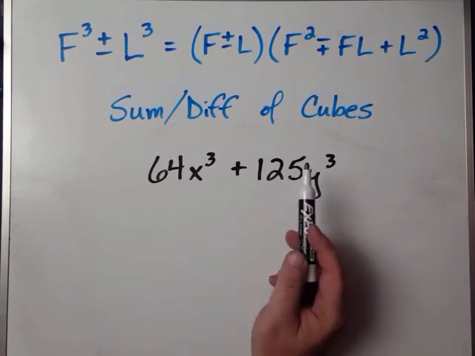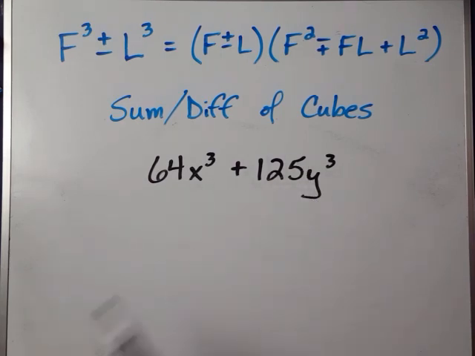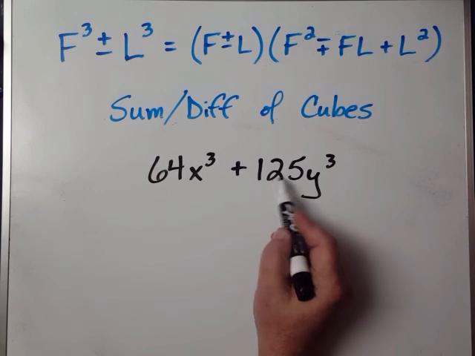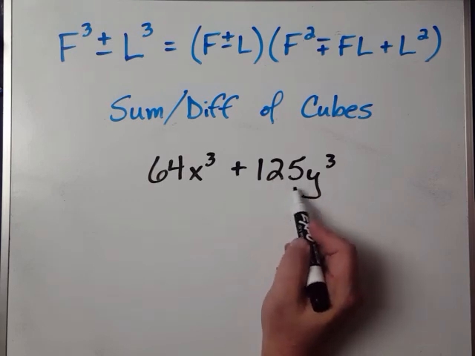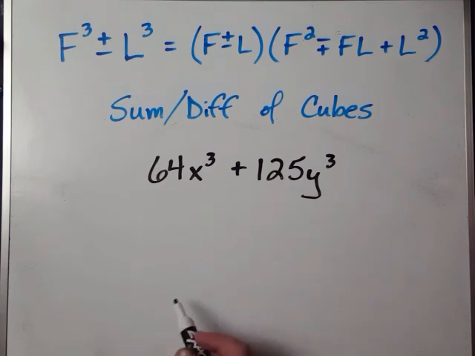First things first, though, we look for a greatest common factor. Between these two terms, is there any greatest common factor? If you've got your powers memorized, you recognize that 125 is just 5 times 5 times 5. And 5 is not a factor of 64. So there is no greatest common factor that I need to pull out.